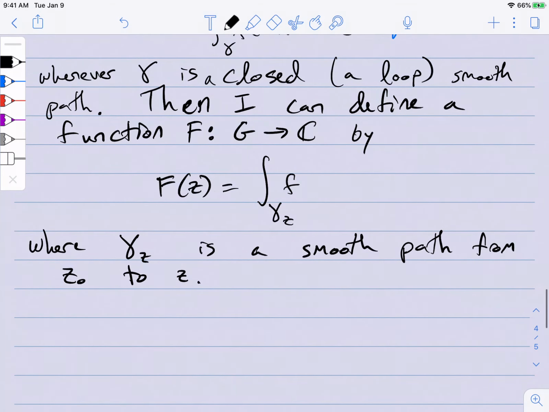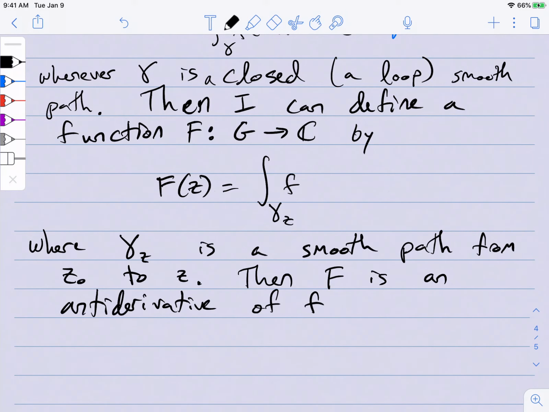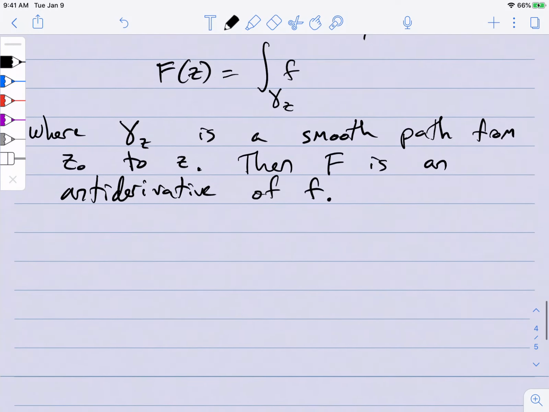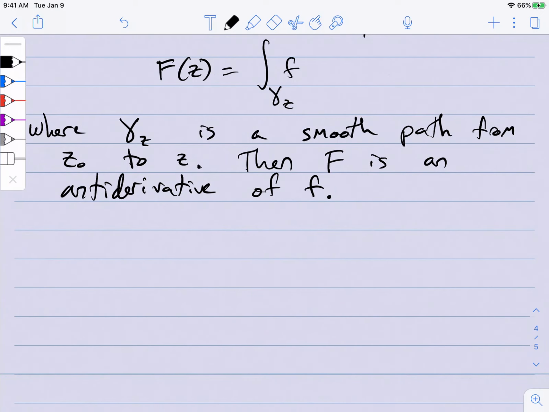Okay, and so the claim is that this gives me a well-defined function, capital F, and furthermore, this function, capital F, is an antiderivative of the function little f. So let me draw a picture to illustrate what this looks like.